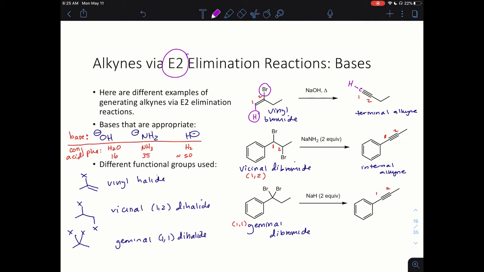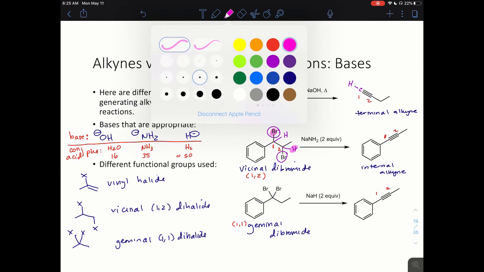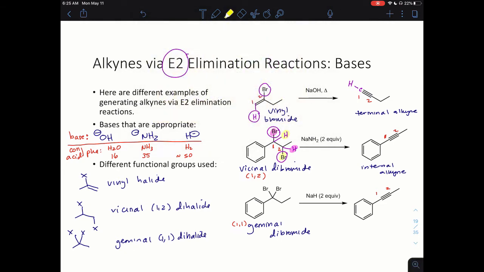In the next example, we look at a vicinal dibromide. We'll eliminate 2 equivalents of HBr from this, to generate an internal alkyne this time. But it could have just as easily generated a terminal alkyne if this had not been an alkyl group. All right, last example, we're looking at a geminal, a 1,1 dibromide. Geminal, Gemini, twins, the two bromine substituents are on the same carbon here.